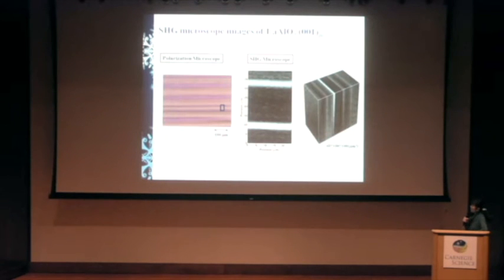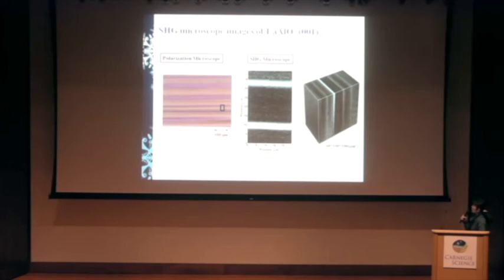So this is a polarization microscope image of lanthanum aluminate. And you can see there is only one type of domain boundary in this material. We selected this area and observed it using a second harmonic generation microscope. As you can see, the domain boundary of lanthanum aluminate is also SHG active.